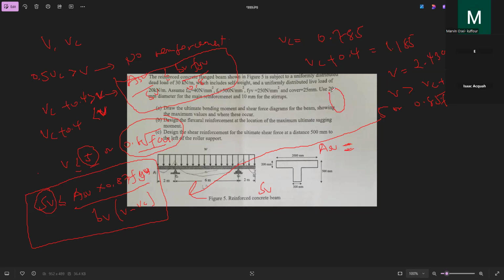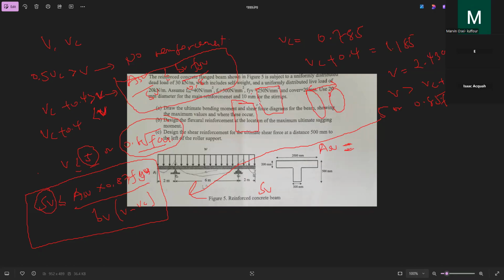So spacing is just the distance between two reinforcement bars. That is what is giving us the spacing. So we want the area of these two bars. That's what has been represented as the ASV. Have you seen it? The area of those two bars will be what?